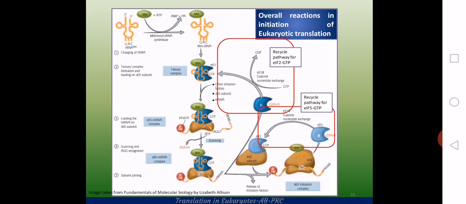Then there is 48S complex formation, and that is also followed by the attachment of the large subunit to form the final initiation complex. So now this system is ready for the next round of translation, the next stage of translation called elongation.